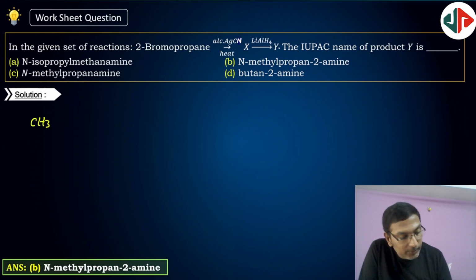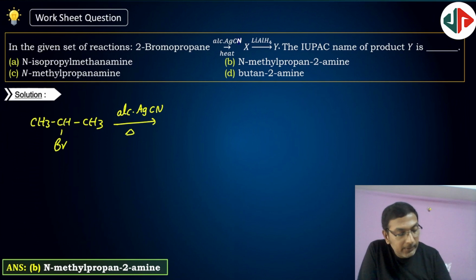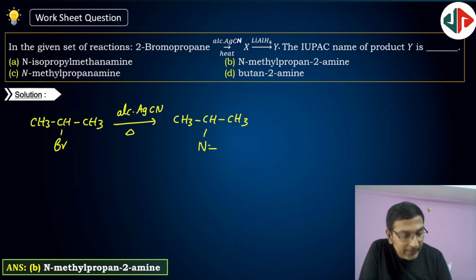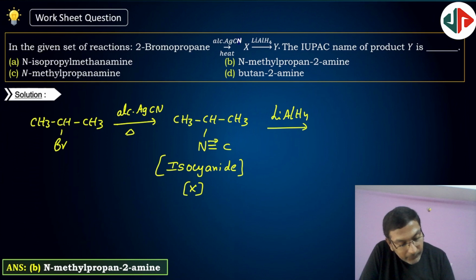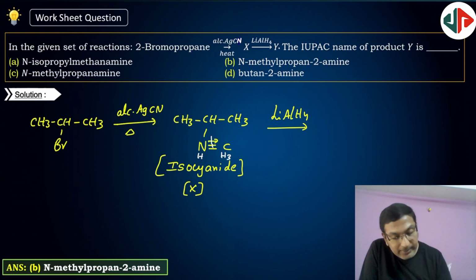So first, 2-bromopropane with alcoholic silver cyanide gives CH3, CH, CH3 isocyanide, which is X. On reaction with lithium aluminum hydride, only two bonds dissociate, adding one H and one CH3. It gives CH3, CH, CH3, NH, CH3.